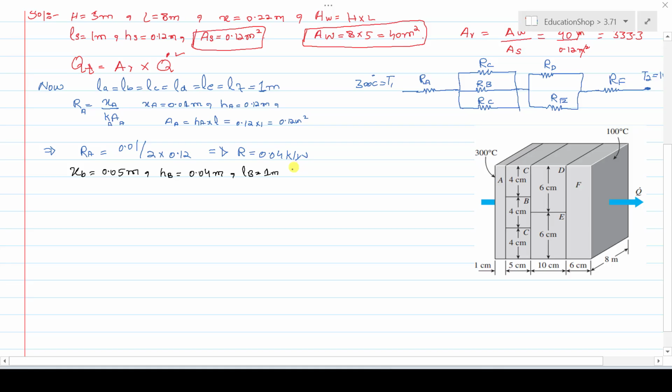So the area for this section is equal to HB multiplied by LB, and it is 0.04. Then the resistance RB offered to the heat transfer is XB, that is 0.05, divided by the thermal conductivity that is given in the statement. When you solve this on a calculator, you will get the value of RB.